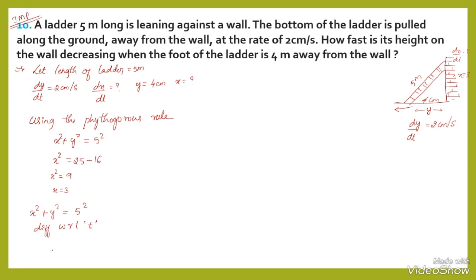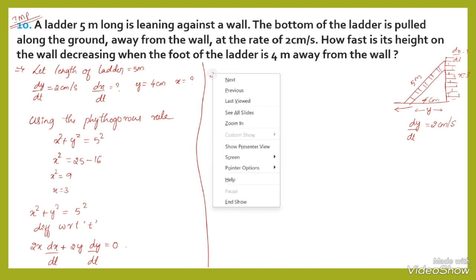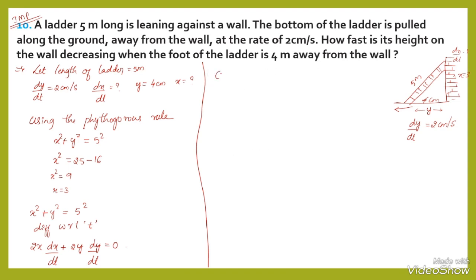Differentiation of x square is 2x dx by dt, plus 2y dy by dt. Differentiation of a constant will be 0. Now we know the x value, so I can substitute directly: 2 into 3.